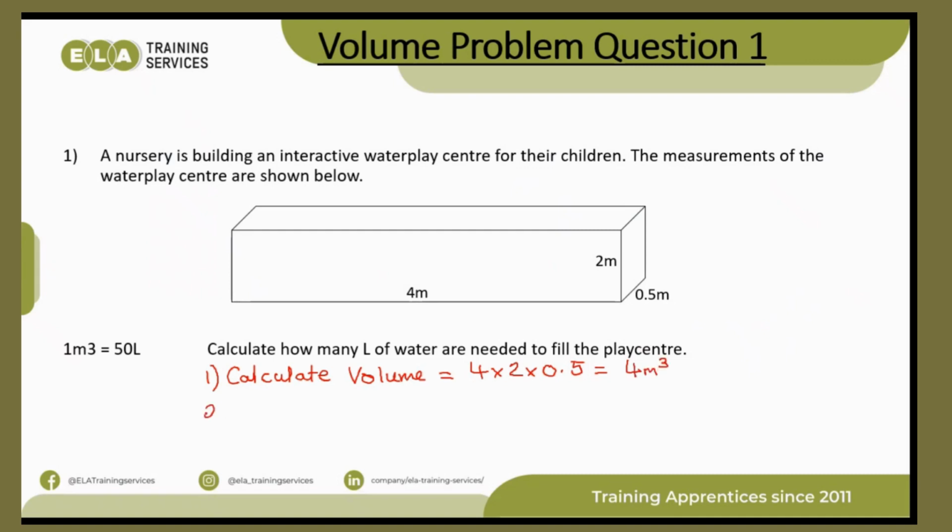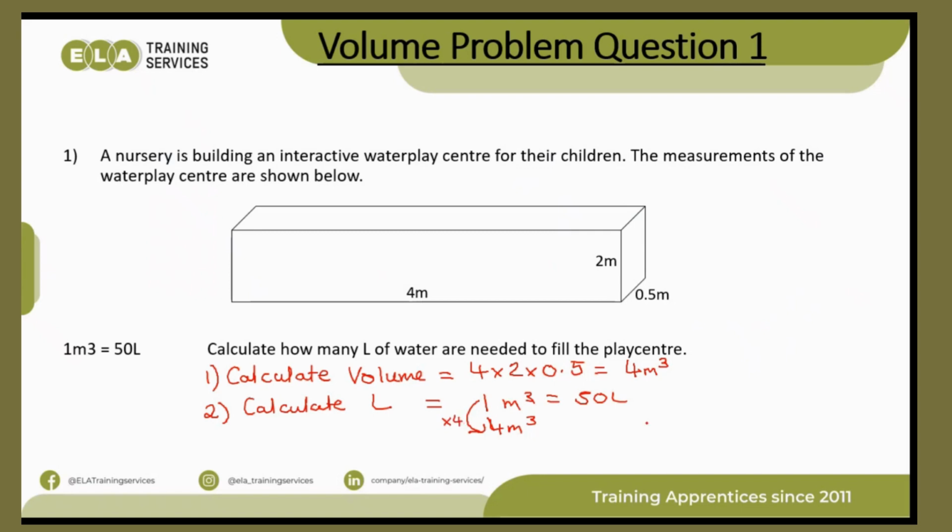And then step 2 is to calculate the litres. So here we know 1 metre cubed is equal to 50 litres. So if we've got 4 metres cubed, we've timesed this by 4.